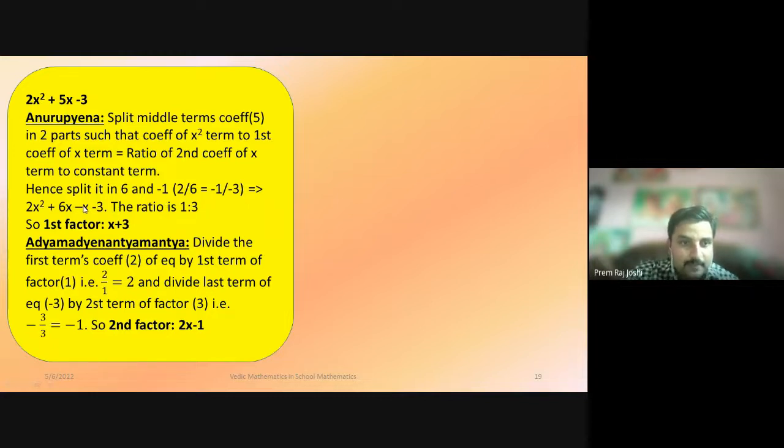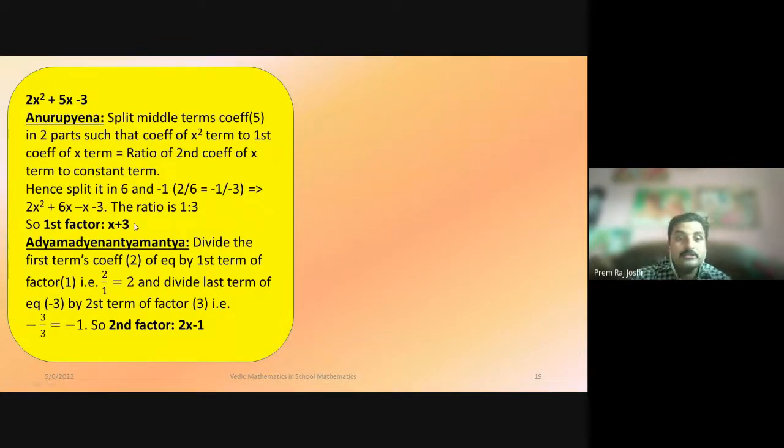Again, the coefficients of the second pair are -1 and -3, and in this case also the ratio is 1:3.